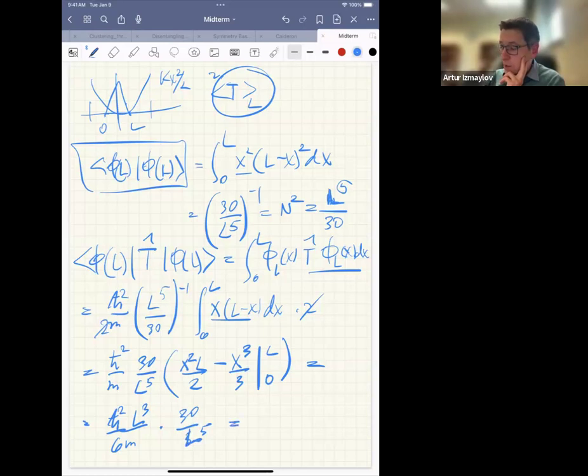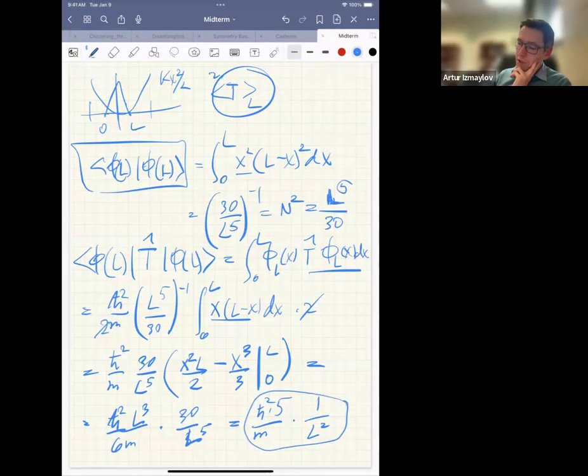And this is h squared times 5 divided by m times 1 over L squared. So that's the answer for kinetic energy.